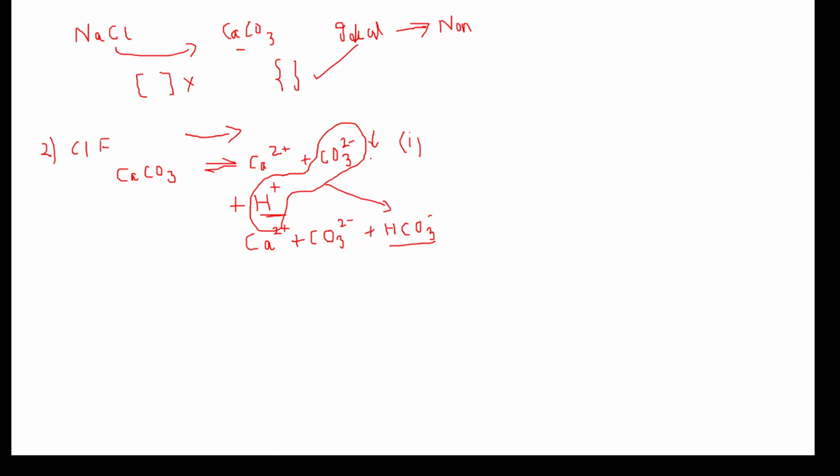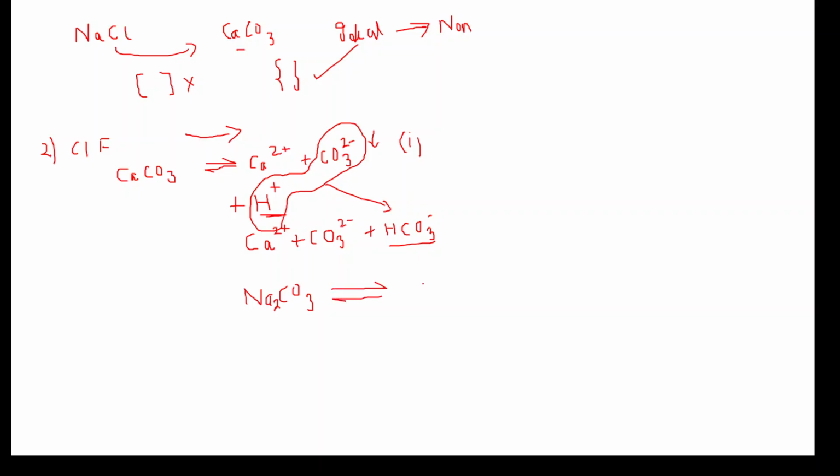And one more thing can happen, a common ion effect, if I add Na2CO3. CaCO3 is there, and if I add Na2CO3, which gives 2 Na plus and CO3 2 negative, this will increase carbonate.